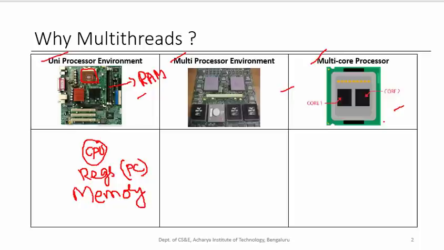through the system bus. If you take this environment, you see here there are three different slots for accommodating the central processing units or processing elements. Therefore, here we can accommodate or insert three processing elements: CPU 1, CPU 2, and CPU 3.